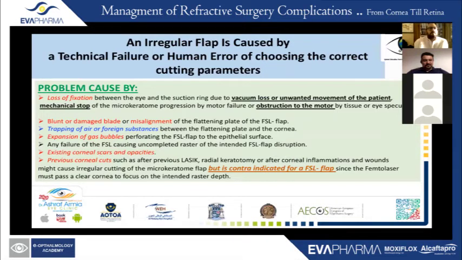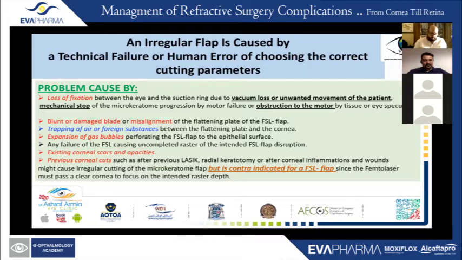It may be a mechanical stop or obstruction of the motor. Blunt or damaged blades, maybe an old blade or not a good blade, or misalignment of the flattening plate. Or there is air or a foreign body substance in the interface. Or it's an expansion of the gas bubbles produced by the femtolaser.